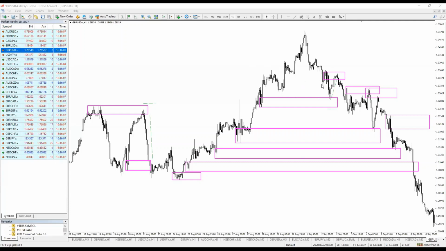When price is approaching, let's say, this supply, when it reacts to this supply, it creates a decision to break lower. That of itself is another supply.